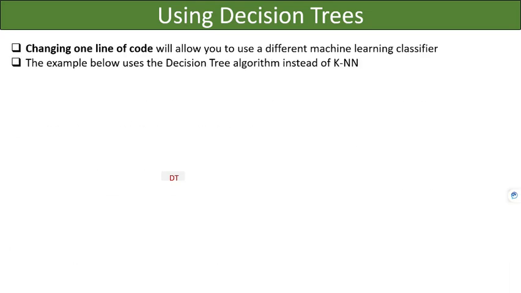You can see here, changing one line of code will allow you to use a different machine learning classifier. Severe or major change is not required in your program. The example below shows the decision tree algorithm instead of KNN.